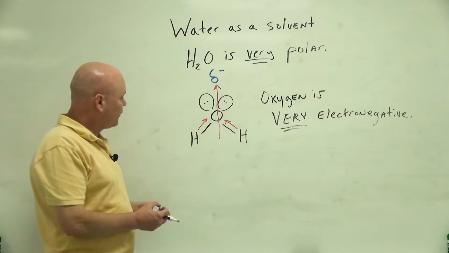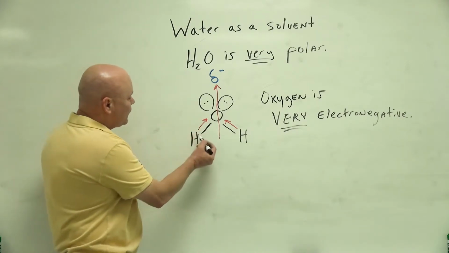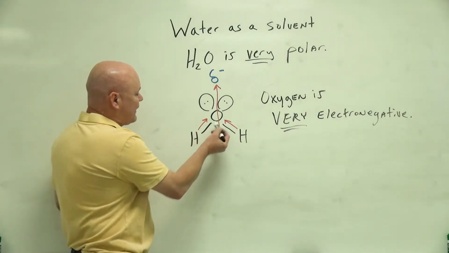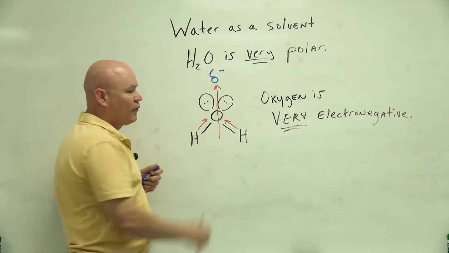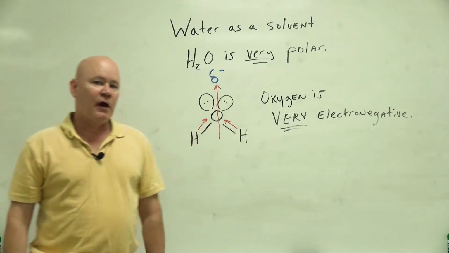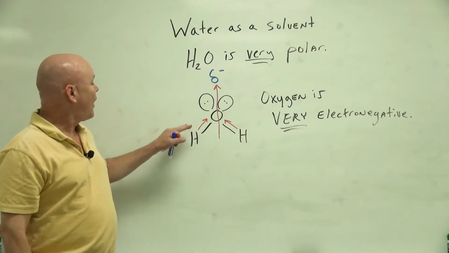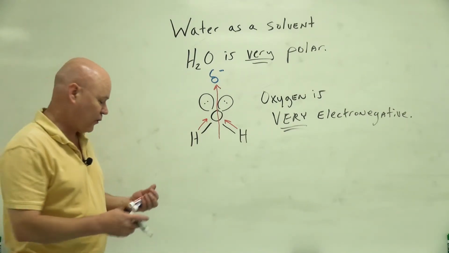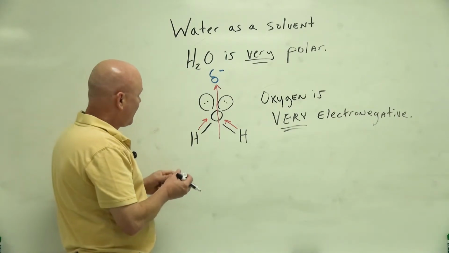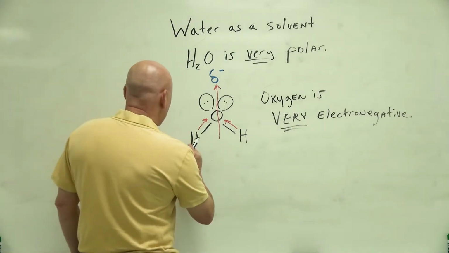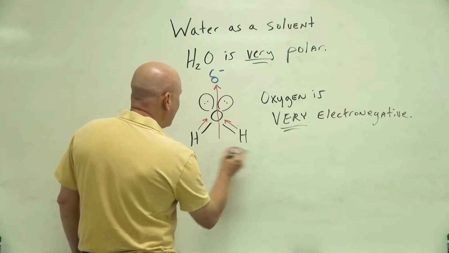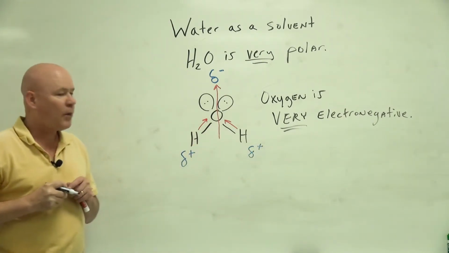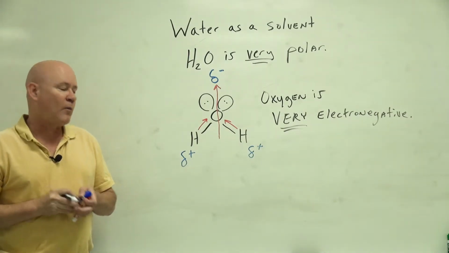Now, conversely, if you're moving electrons away from the hydrogens, then you have less electron density on the hydrogens, and so you have less negative, which would make it more positive. And so the hydrogen ends become partially positive on the water molecule.